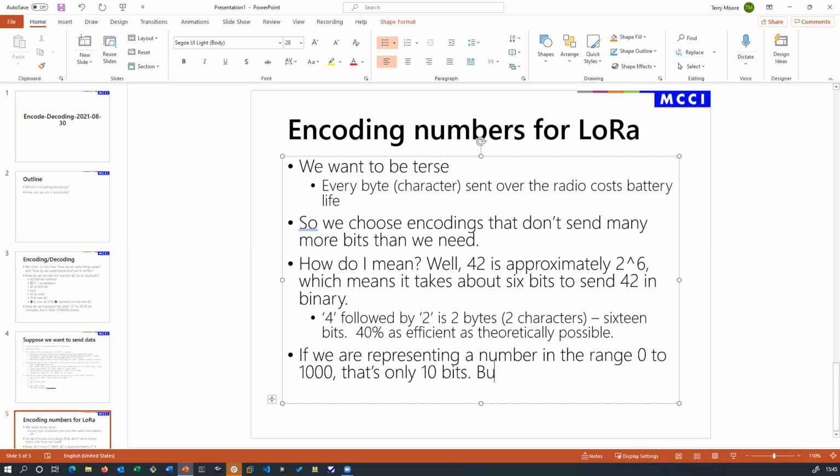But if we send 3 characters, that's 24 bits. Same kind of inefficiency. So that means that every time we send a message, we're wasting 2/3 of the message, roughly.